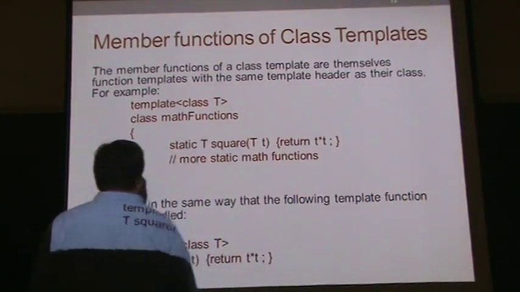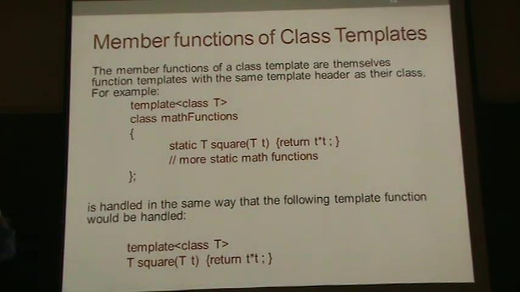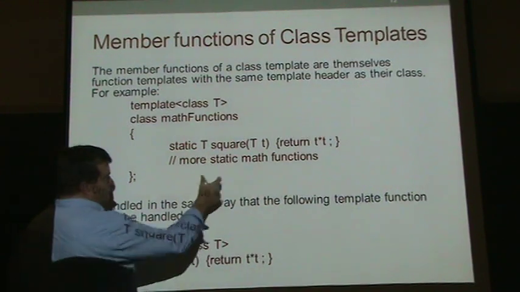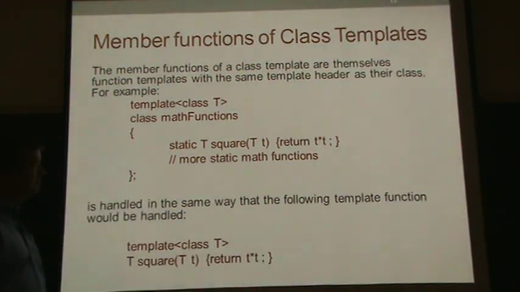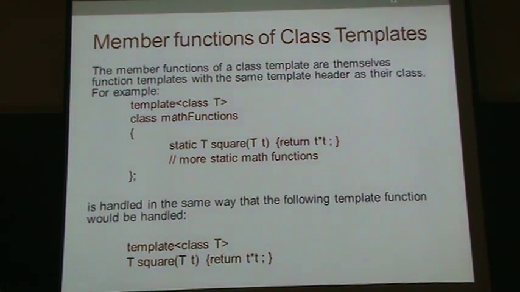Okay, so then member functions within a class are very similar to the functions we did that are outside of the class. In this case, suppose you wanted to create a function that squares a number. You give it a number and it'll give you that number times itself.